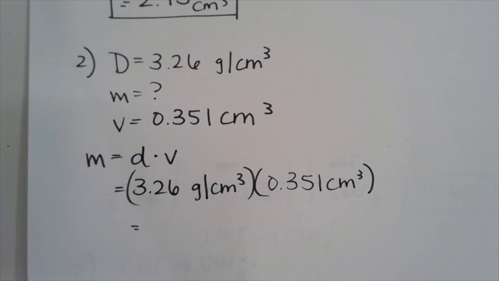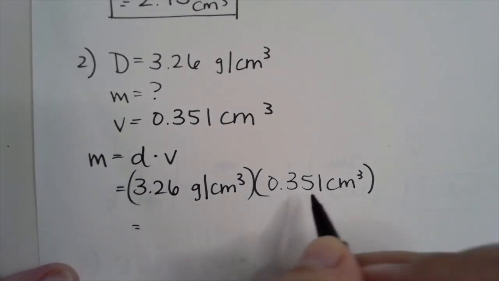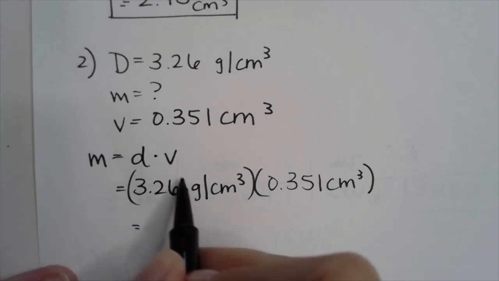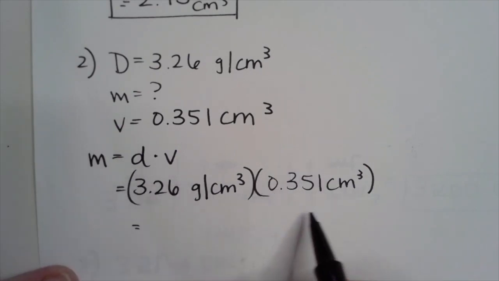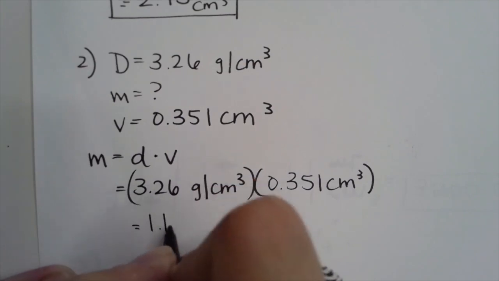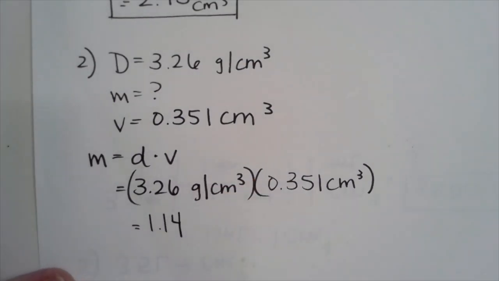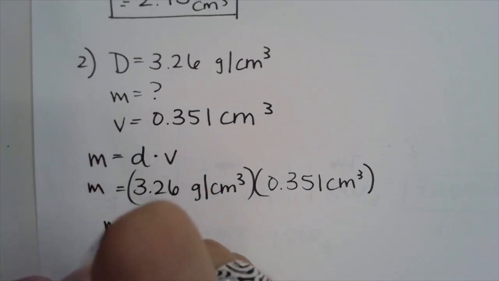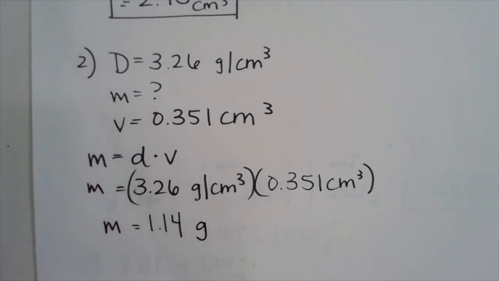When you do that, with sig figs, I have 3 significant figures here, 3 significant figures here, which means my answer should also have 3. The answer is 1.14. For the units, you can either remember that you solved for mass, and mass has to be in units of grams.